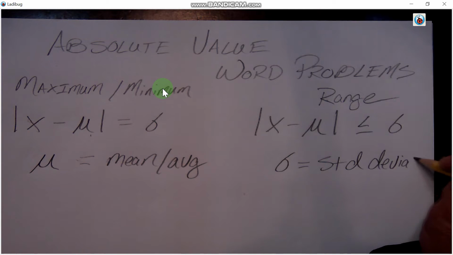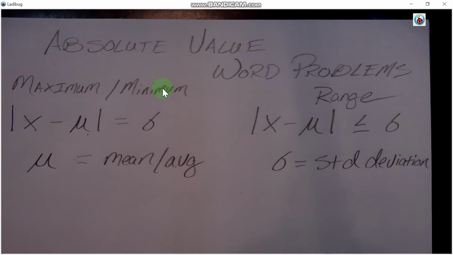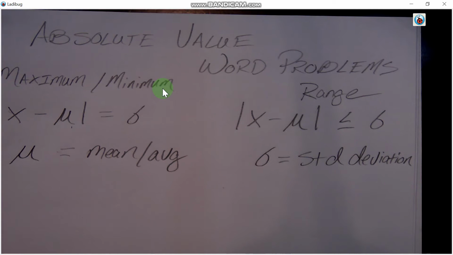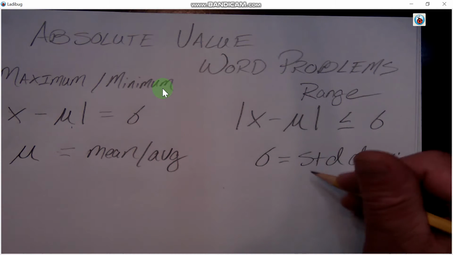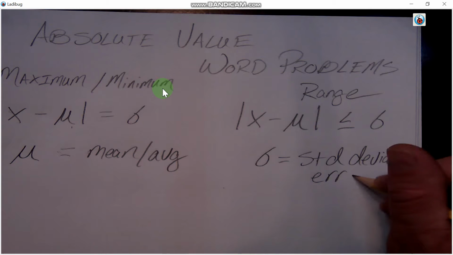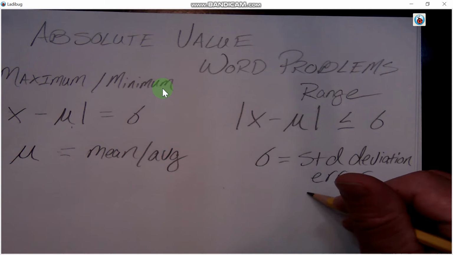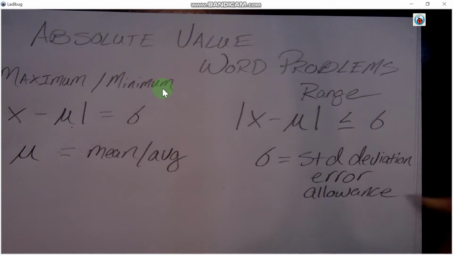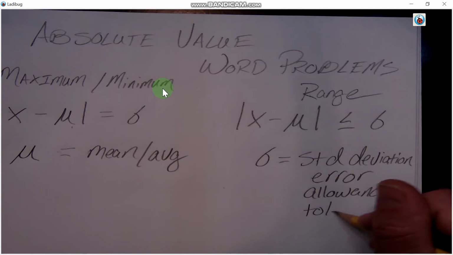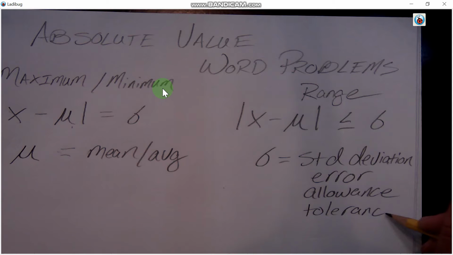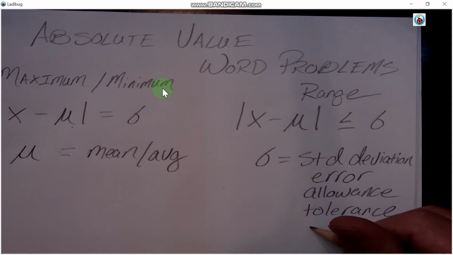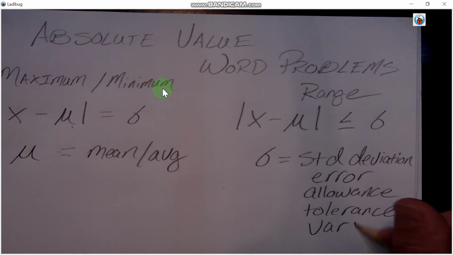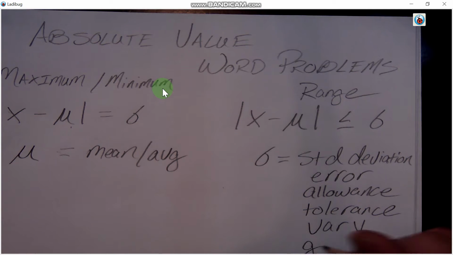Other words that you might see in these word problems for standard deviation are the error, the allowance, tolerance, vary, or variance. Give or take.